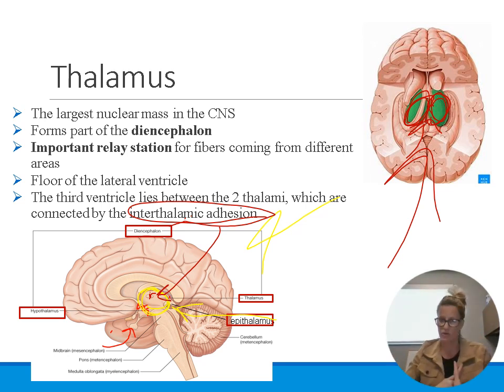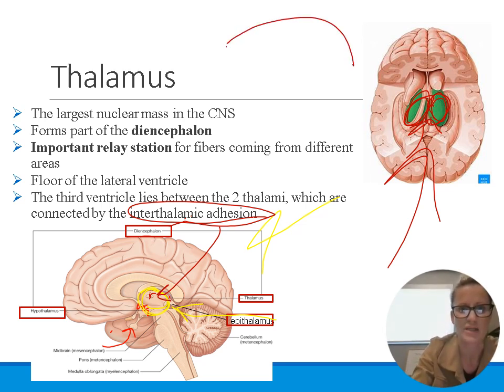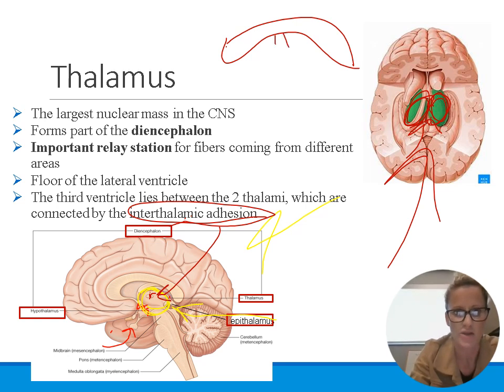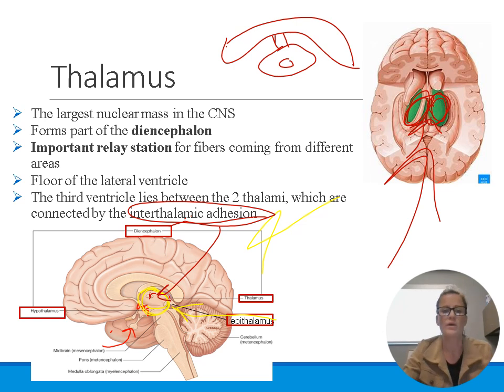That's the third ventricle. And when you look at the ventricles, remember you see the lateral ventricles kind of curve like that, and then you go down, and then when you look at the third ventricle, it has a little space in the center like that. The reason that there's this little part in the middle, that's where the interthalamic adhesion is. Right? That's where the two sides of the thalamus are connecting to each other, right in the center of that third ventricle.